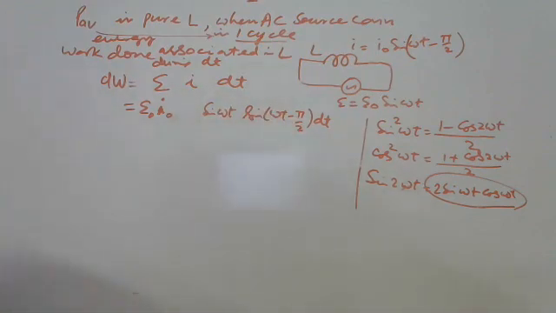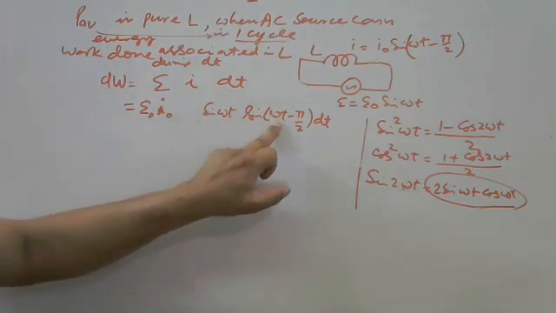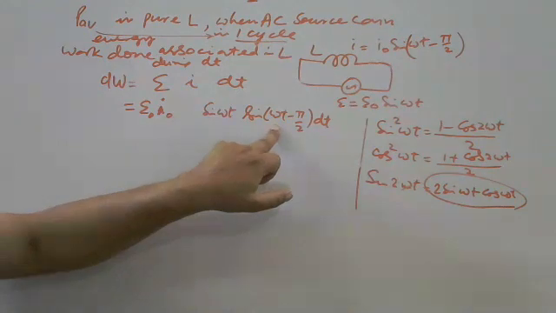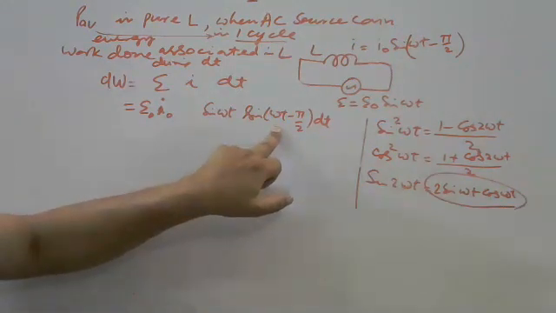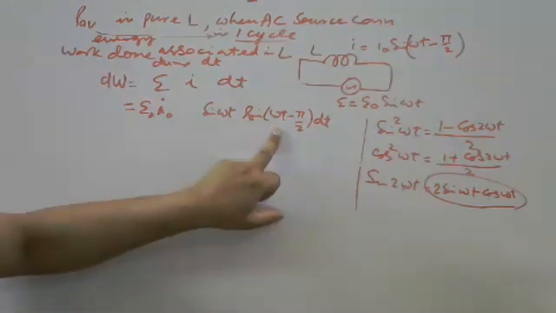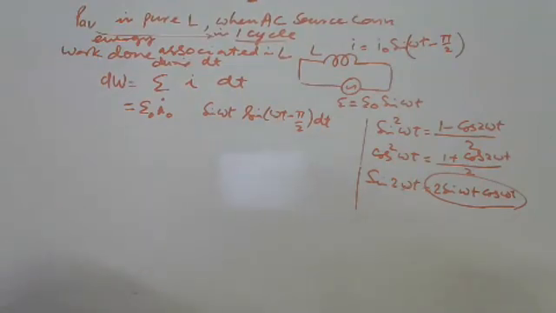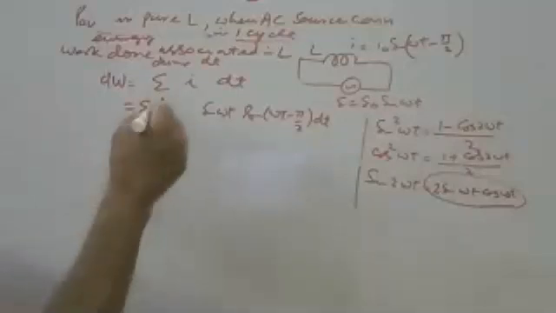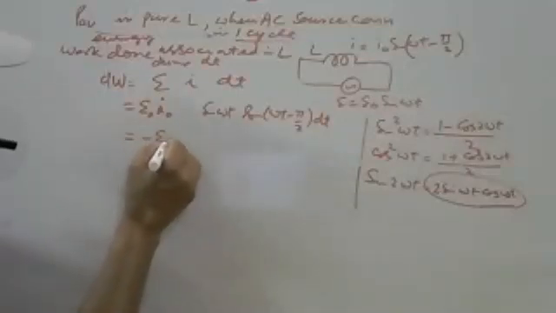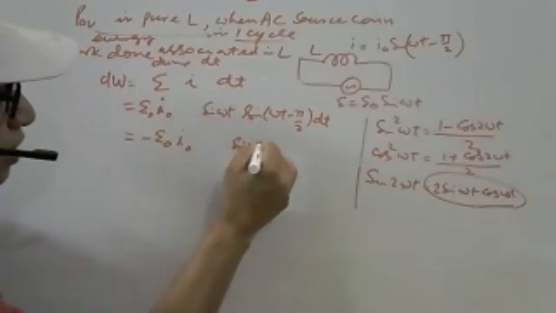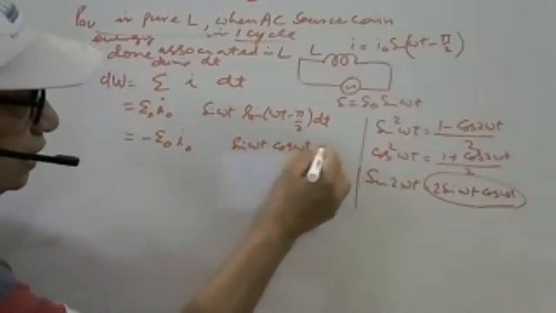Cos theta. But sin omega t minus 90 is minus cos theta. They are two different things. If it is written sin 90 minus theta, it's plus cos theta. Here we are writing minus E naught I naught sin omega t cos omega t dt.